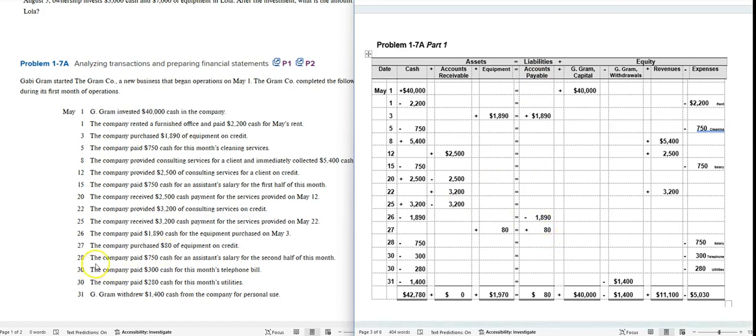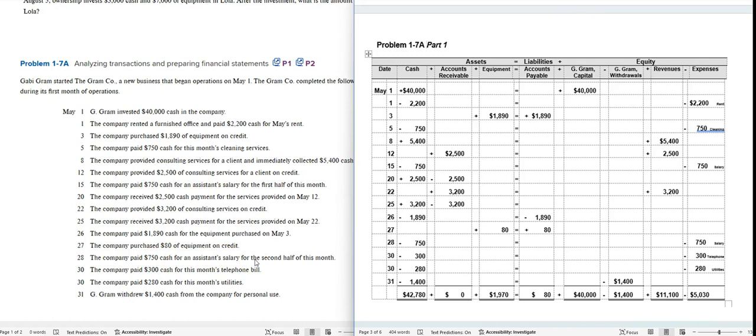On the 28th, the company paid $750 cash for an assistant's salary for the second half of this month. Again, the company's cash was used. It needs to decrease because they spent cash and they spent it on the assistant's salary.